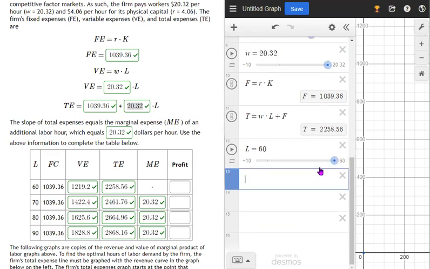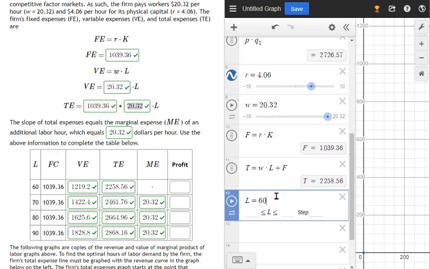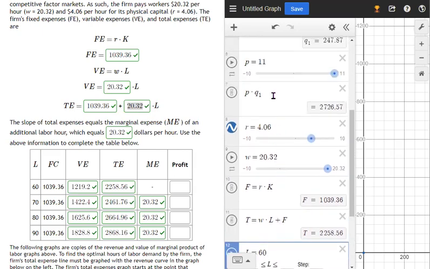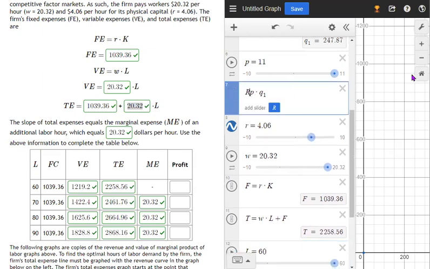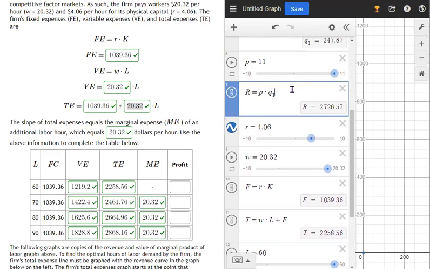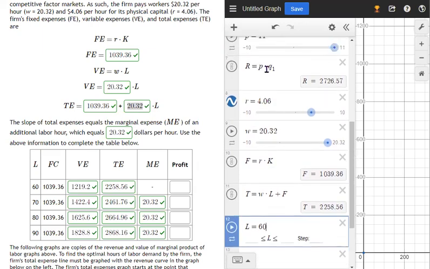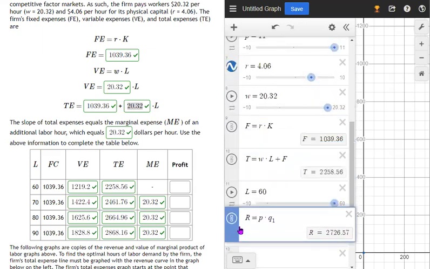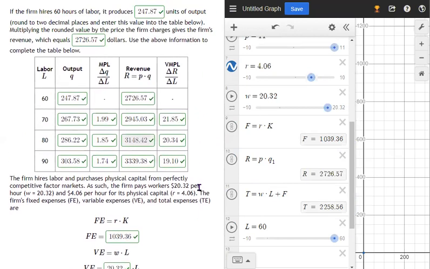All right, now we have to calculate the profits. I'm going to get rid of this. I have my total expenses here when labor is 60. I'm going to define this as capital R, revenue. So here's my revenue, and here's my total expenses. Let's go back up and verify.